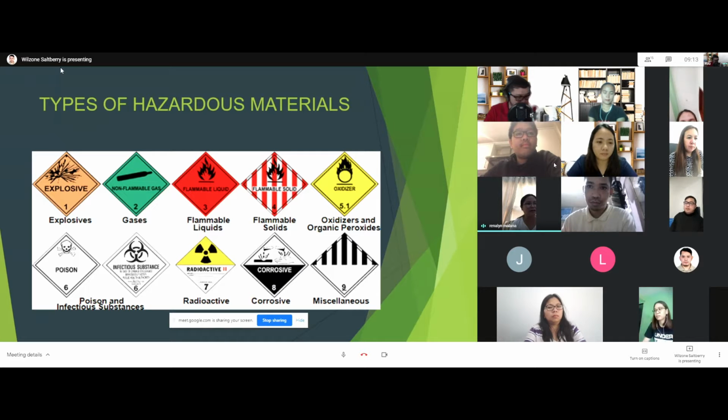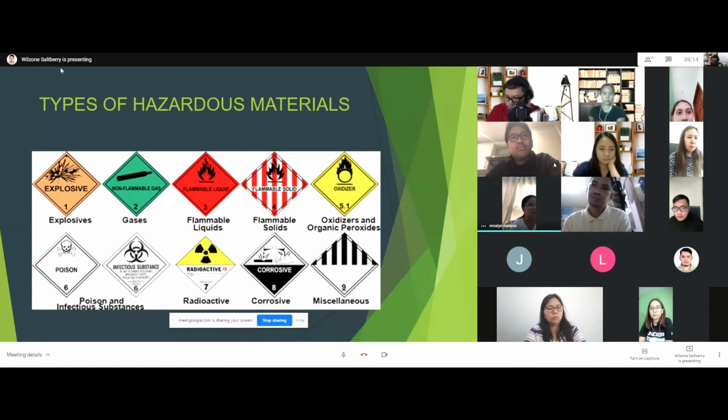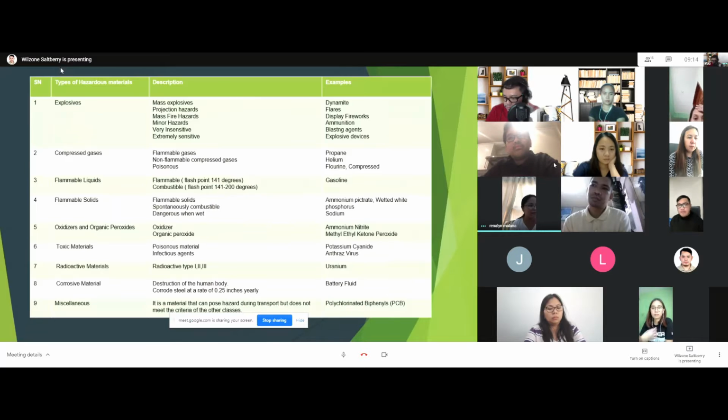This is the list of different types of hazardous materials that everyone should be familiarized with, so that we know that these are really high risk to our health and environment. First is the explosives.